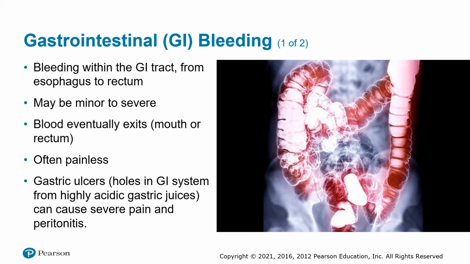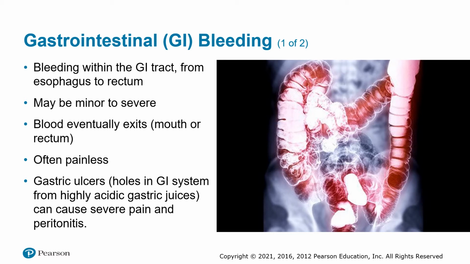GI bleeding can come from anywhere within the GI tract, from the esophagus to the rectum. It can be minor or severe, and eventually that blood's got to go somewhere, so it either exits out the mouth or the rectum. It is typically painless.